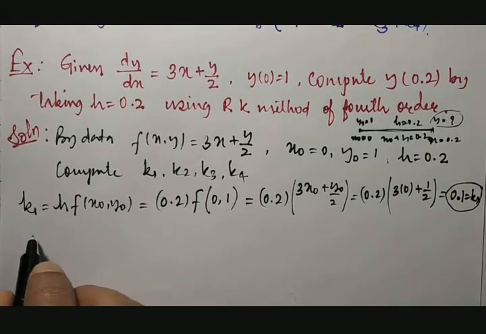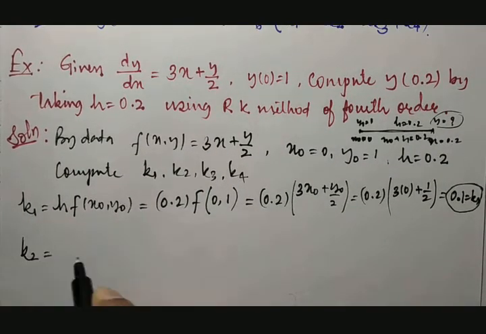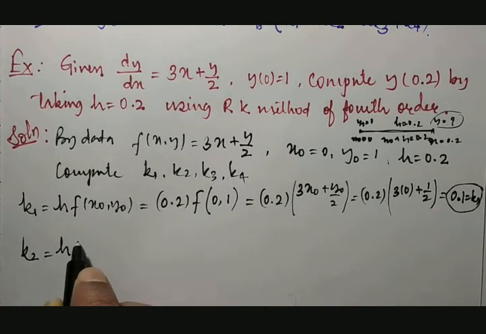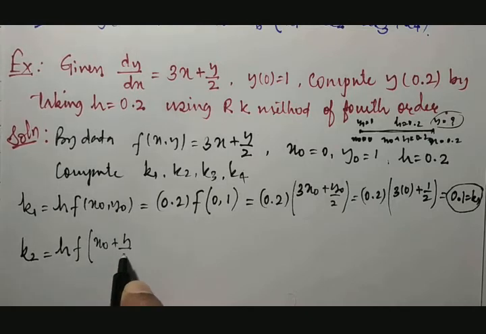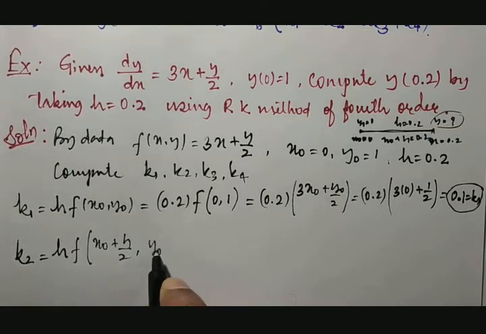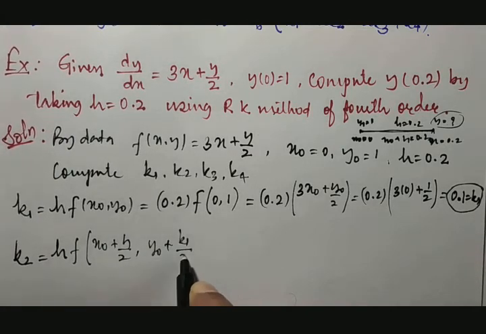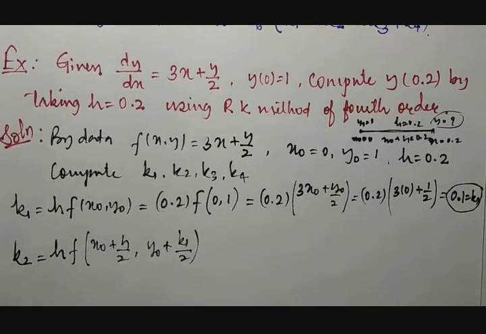Clear? Similarly, let us calculate K2. What is K2? h into f of x naught plus h by 2, comma, y naught plus K1 divided by 2.